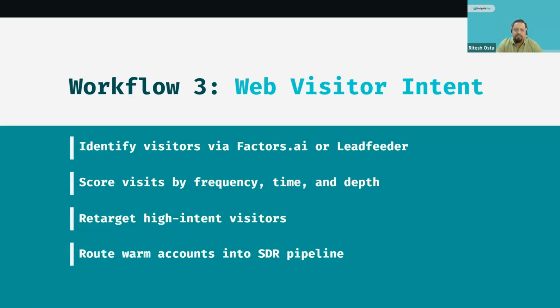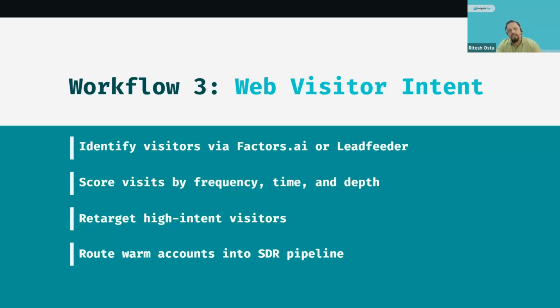Then make an audience and score the visits by frequency, time and depth: the behavioral data, how much time they spend on the website, how many pages they accessed, which pages they accessed, and so on. Score it, and based on the scoring, create segments within, say, Factors or Leadfeeder.